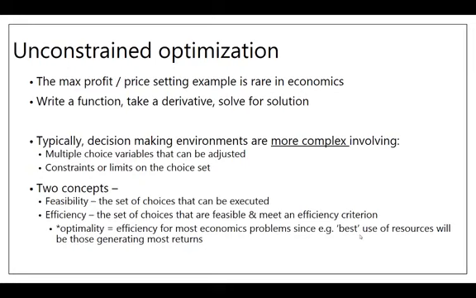That's unconstrained optimization. So if you can write the function down as one equation and not have to deal with the idea that there are some limits on the choice set, then we call that unconstrained, and that's a place to apply basic calculus and get the solution.